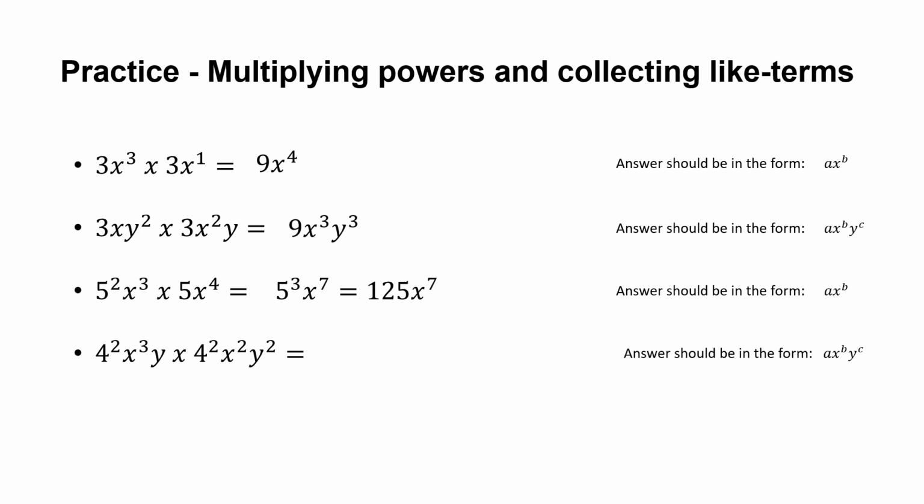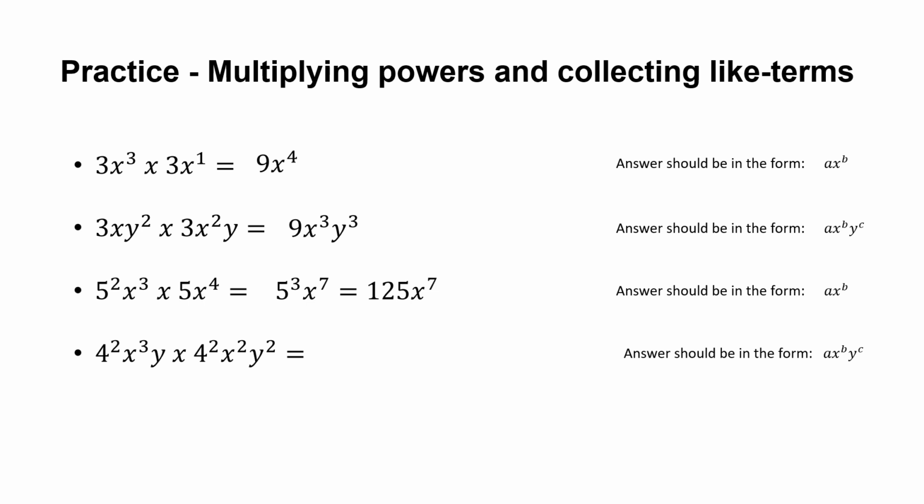Lastly, we have 4 squared x cubed y times 4 squared x squared y squared. Now, this looks like quite a lot, but we just break this down methodically, and we should be able to solve this. This is only going to be using the rules we've gone through so far. We have 4 squared times 4 squared. These are our number terms.